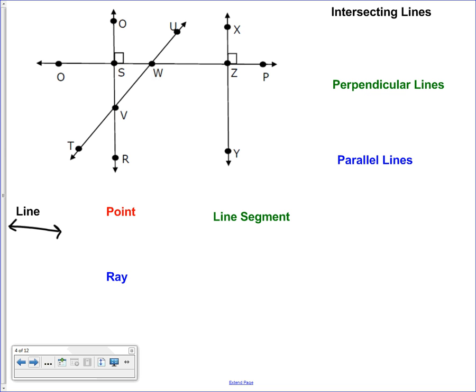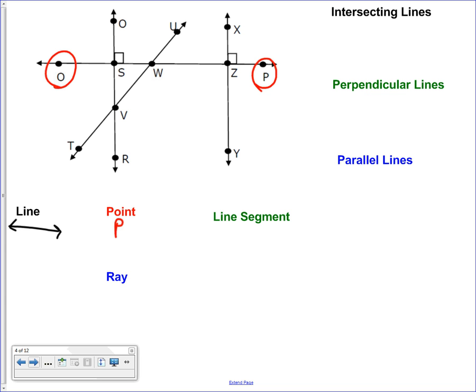So let's take point O here, and let's take the point P. Actually, I just label it as the letter. Point P, so that way you don't think I'm using an O there. If I'm going to describe a line, I have to have points in order to describe it.